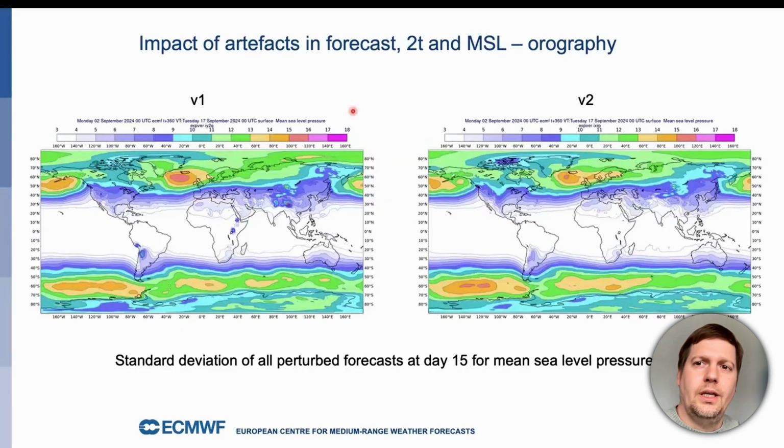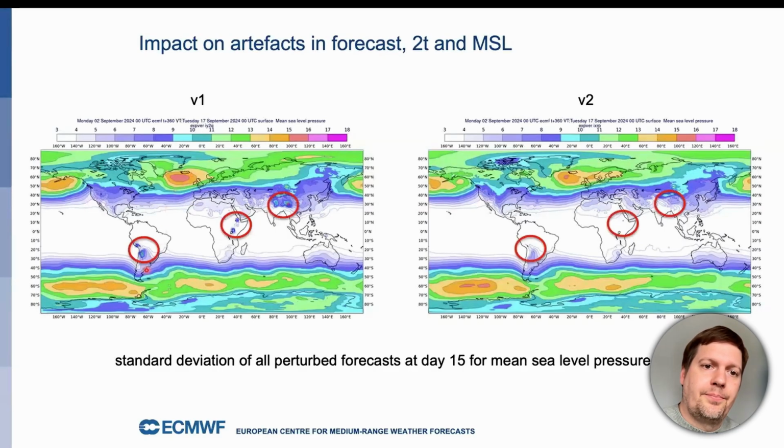One thing to really watch out for when developing such systems is that they don't have an inherent representation of physics. When we put the first system into operations, actually later we realized that it can produce quite unrealistic structures at some places on the globe. This is a measure of variability.